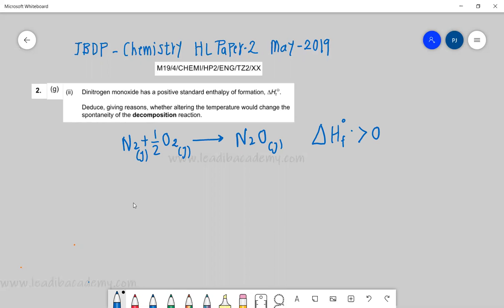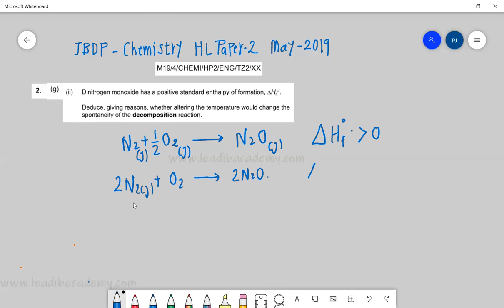So what can we conclude now? Instead of half O2, we can say twice N2, whatever is desired, to remove the fraction, and write 2 N2O gas.